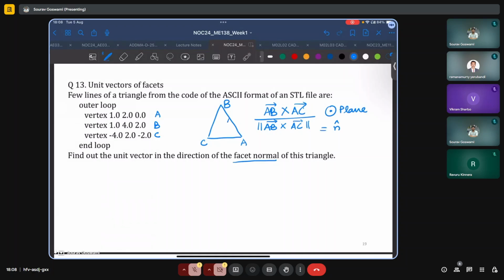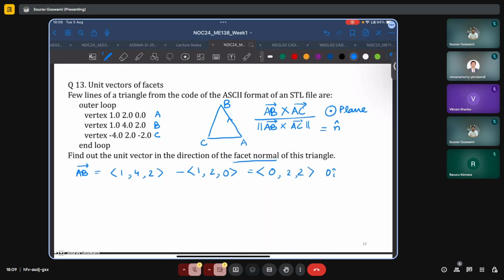First, we must find the vector AB. The vector AB is nothing but the coordinates of B minus the coordinates of A, or the position vector of B minus the position vector of A. This will give us 1 minus 1 is 0, 4 minus 2 is 2, 2 minus 0 is 2. And for those of you who are unfamiliar, this is just another notation of writing the vector component.